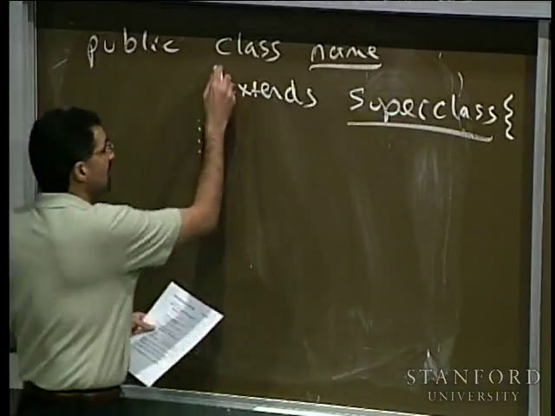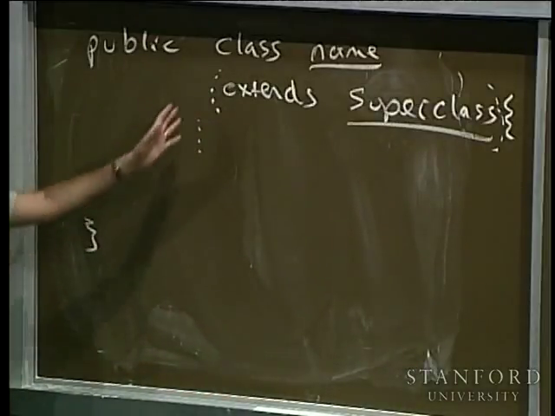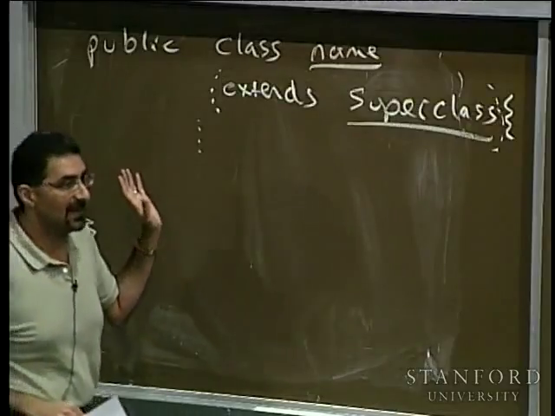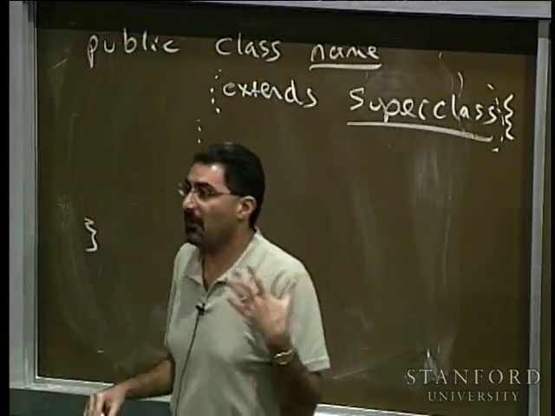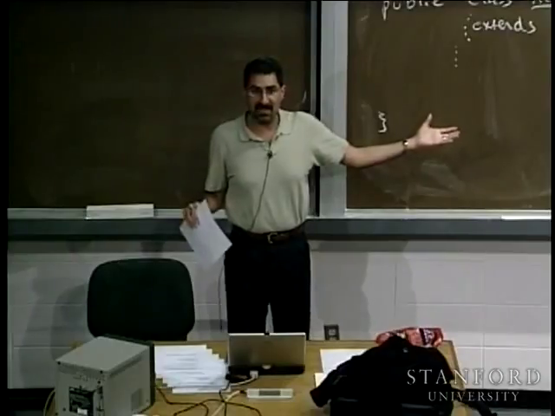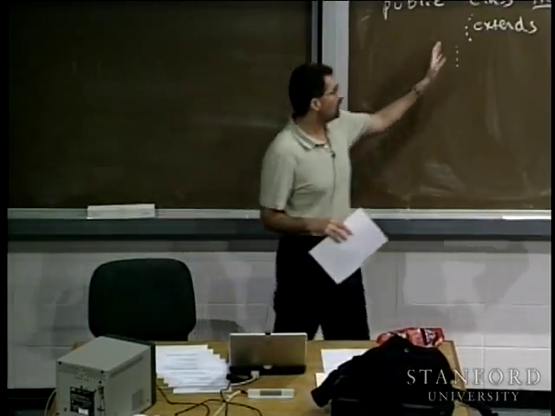Okay? Now, this part over here I'll put in dashed parens because it's optional. You actually don't have to extend something as part of a class. If you don't extend something, what Java says is the default is everything that in my universe, at least for the time being, are classes. So if you don't tell me that you're extending some existing class, there is some default class called Object, which by default you will extend.